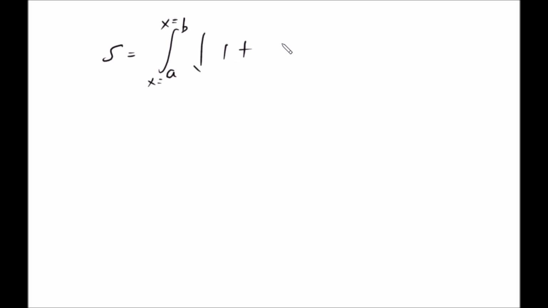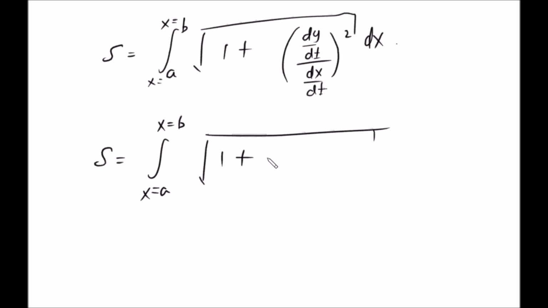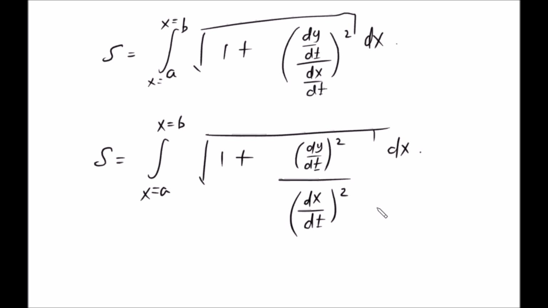The square root of 1 plus, so dy dx tuna replace na dy dt over dx dt squared, with respect to x. So hapa ni x equals to a mpaka x equals to b. You integrate the square root of 1 plus dy dt squared over dx dt squared with respect to x.